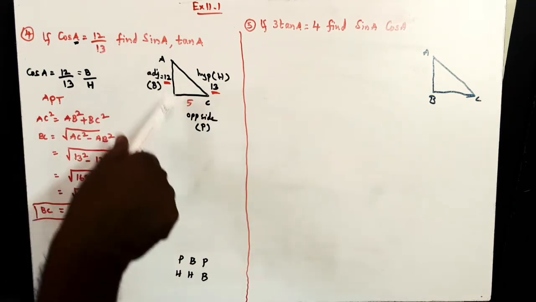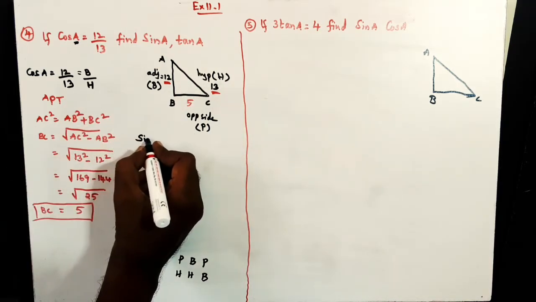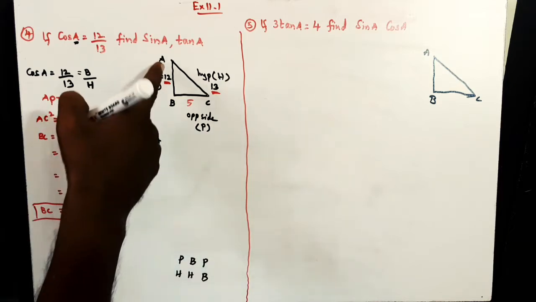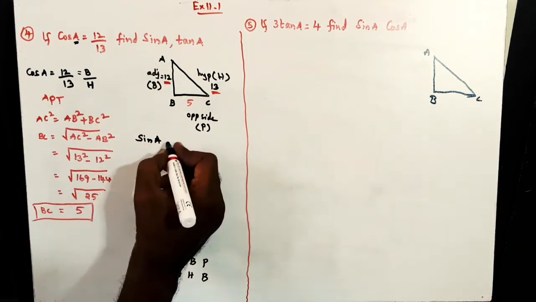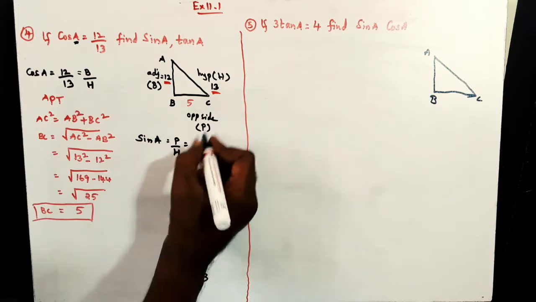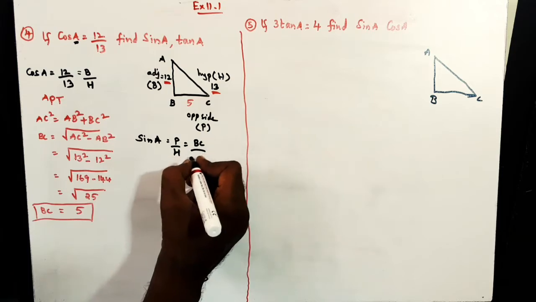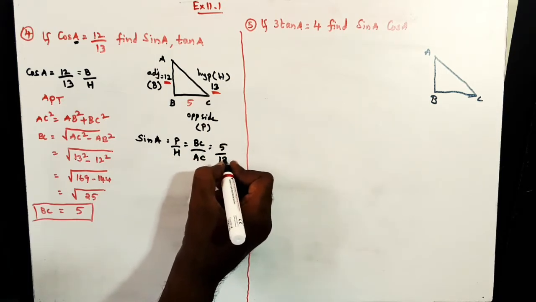Okay, now we know all the three sides. Now sin A. Regarding A only we have taken all. So sin cos tan, P by H. P means BC, H means AC. BC is equal to 5, AC is 13.